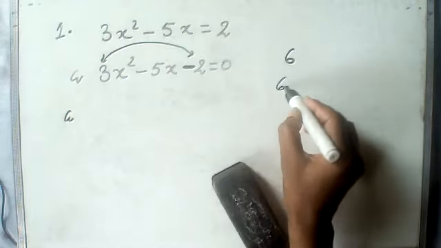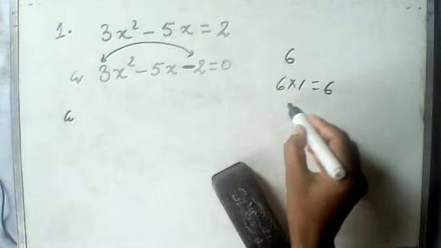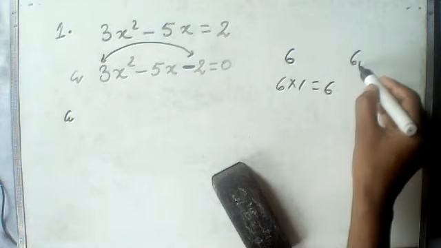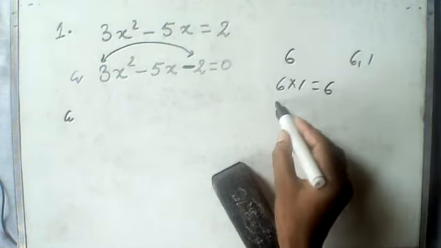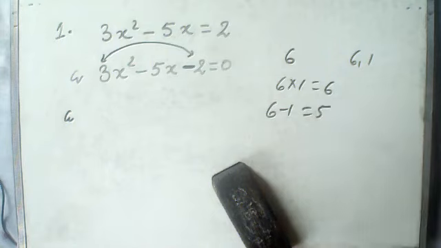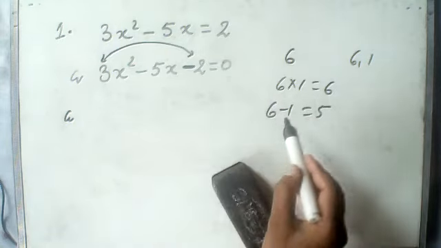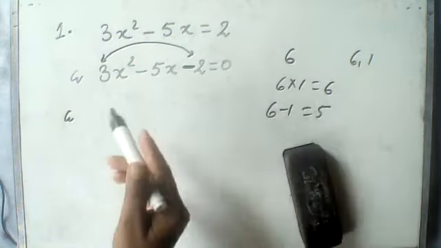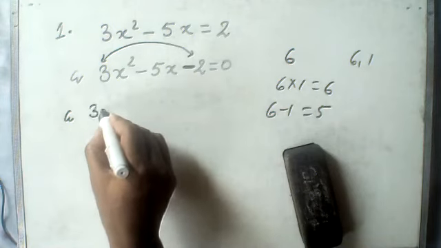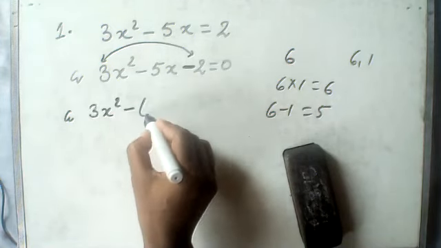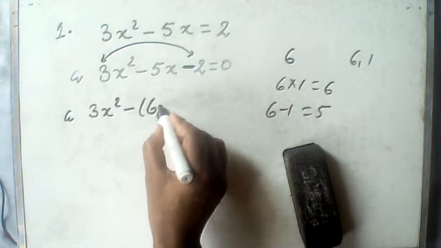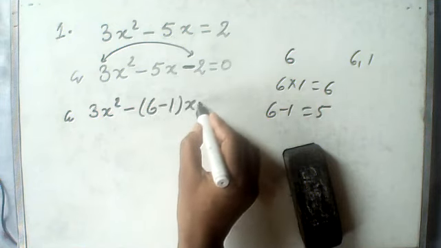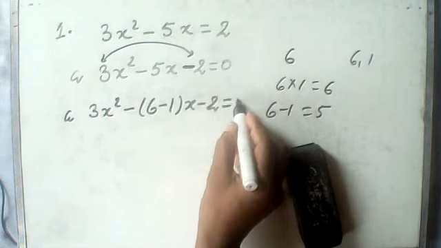So 6 ones are 6, and the difference of these two factors, 6 and 1, is 5. So we can write 3x square minus 5x as 3x square minus (6 minus 1)x minus 2 is equal to 0.